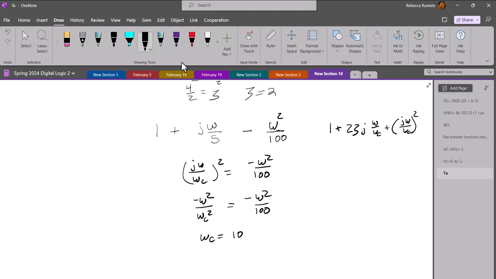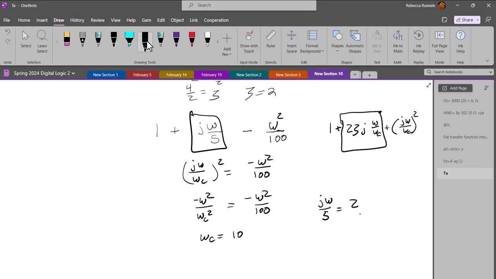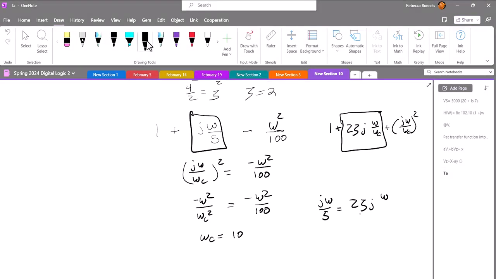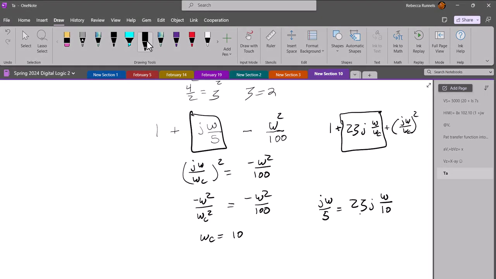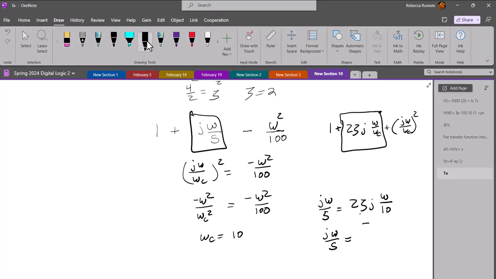Okay, so what does that mean? So now I set this equal to this. So j omega over 5 equals 2 zeta, that's a terrible zeta, 2 zeta j omega over omega c, which I know is 10. So j omega over 5 equals, so I've got 2 zeta j over 10.